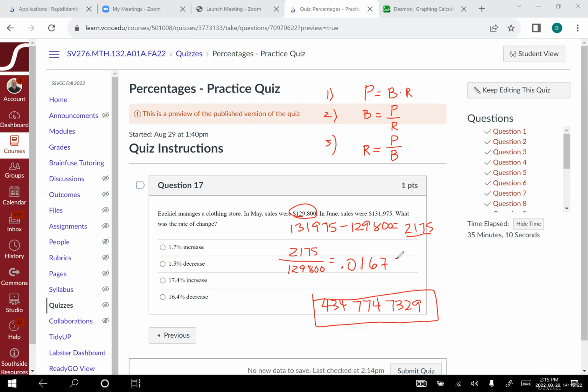All right. Now, to go to a percent, we come over two spots here.